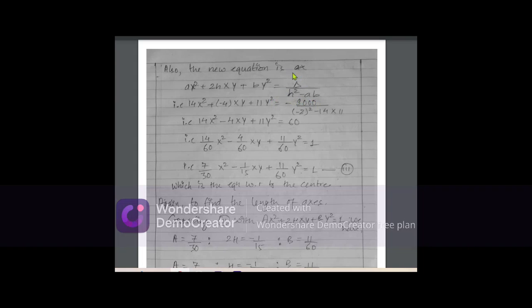To make it equal to 1, we multiply by h square minus ab by del as in the working rule. The equation becomes 7 by 30 x square minus 1 by 15 xy plus 11 by 60 y square equals 1, which is equation 3, the equation with respect to the center.